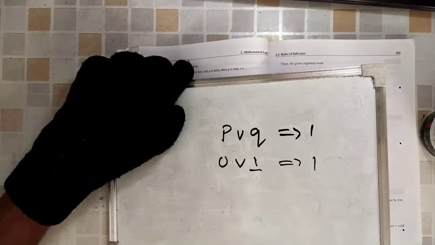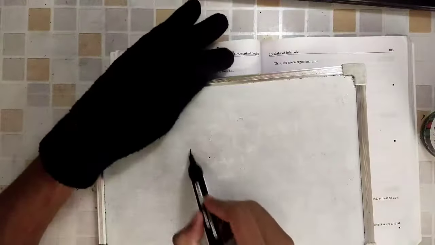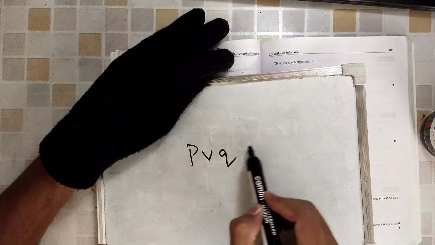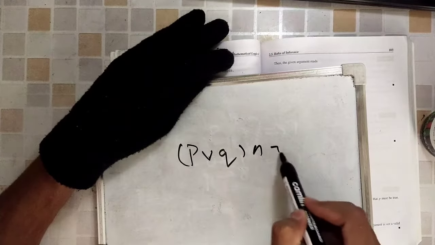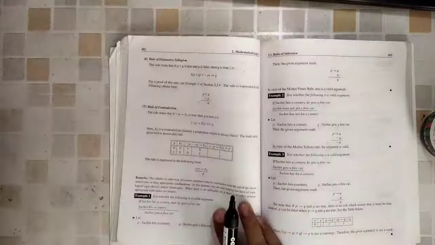Obviously 0 or 1 gives us 1. So from this we can say Q is true. Similarly, we can write this as P or Q and negation P gives us Q. I am just giving a proper way to understand this.